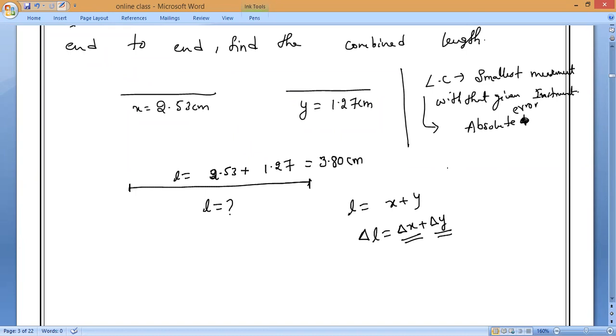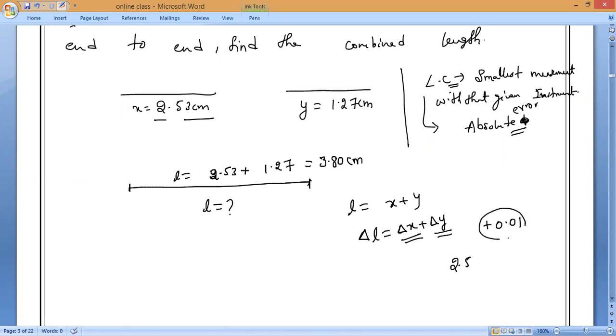Now, observe very carefully. This X they have given is 2.53 centimeters. What is the error given? The least count is equal to the absolute error.